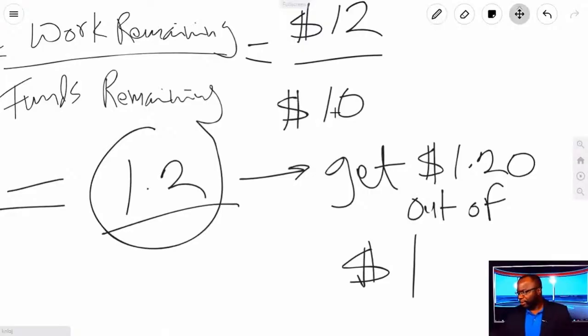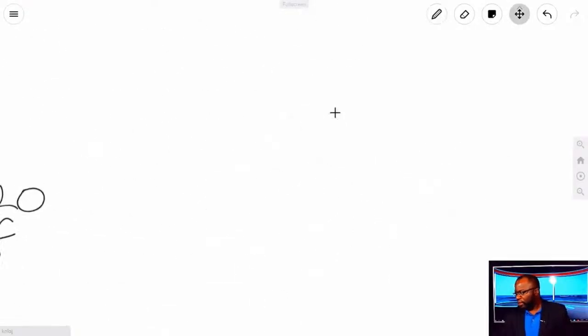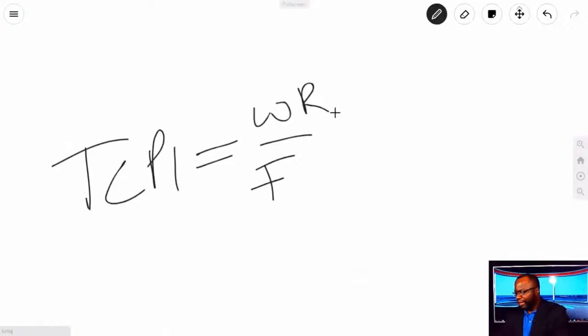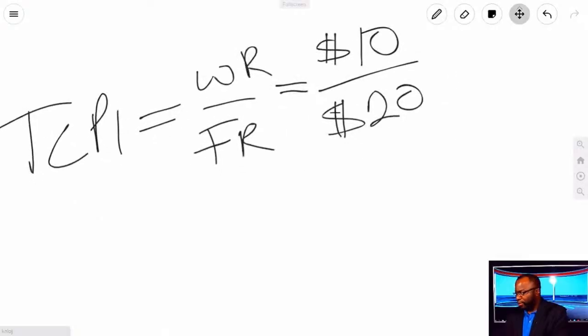Now, if you think about this, what happens if your TCPI, work remaining divided by funds remaining, and the tables are turned, and you have, let's say, $10 work remaining, and you have $20 of funds remaining.